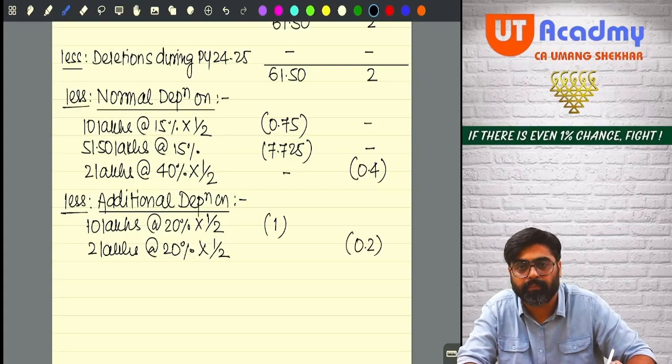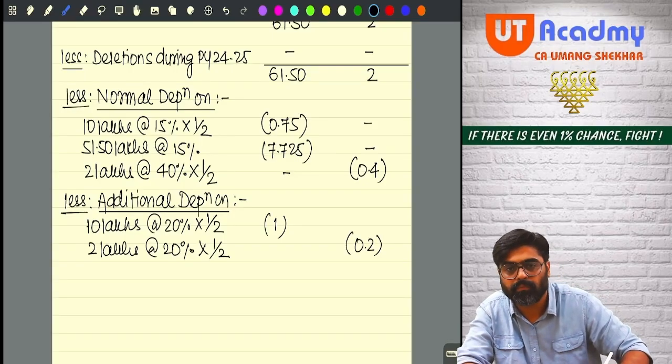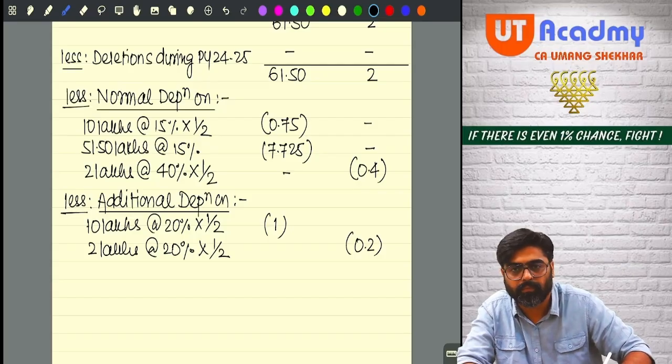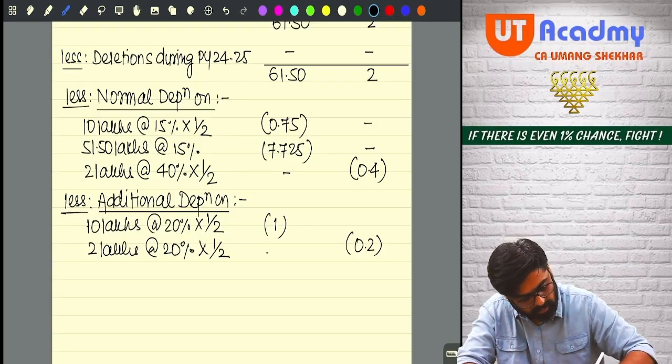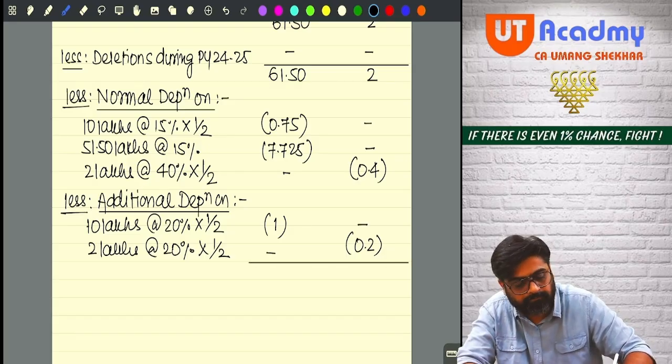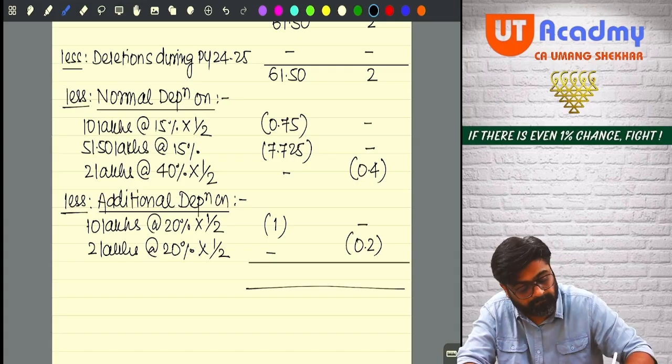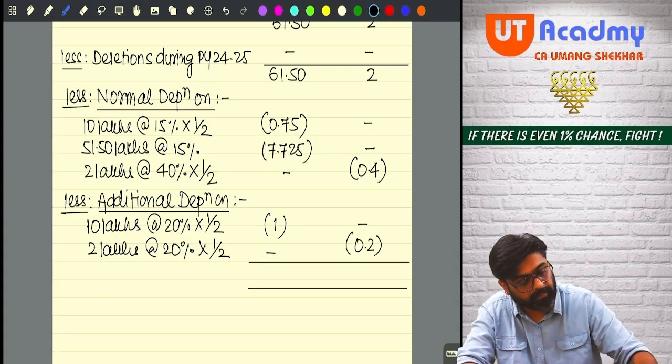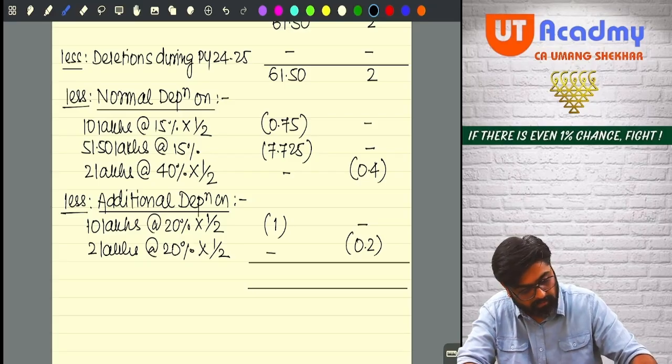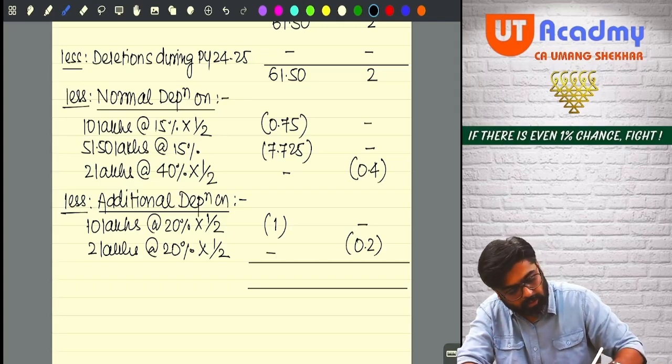Getting it, everyone? Sure, no? So here it is dash, here it is dash. Now tell me, 61.5 minus 0.75 minus 7.725 minus 1 will give me 52.025.